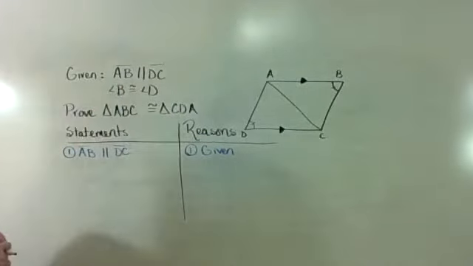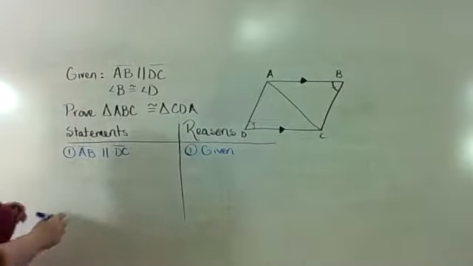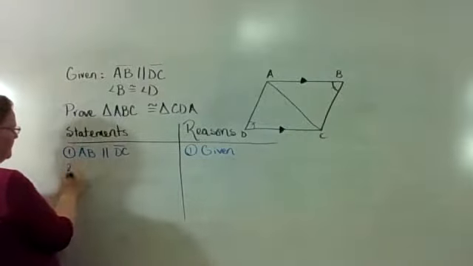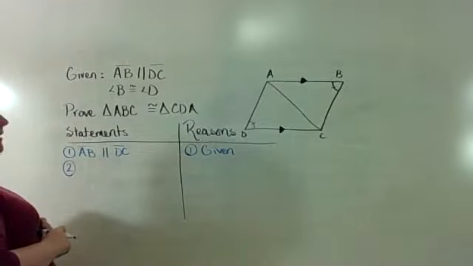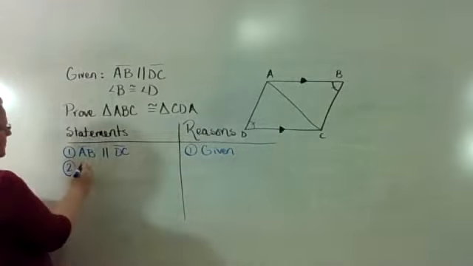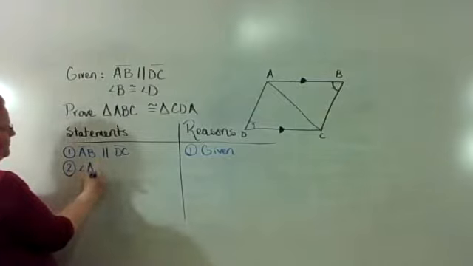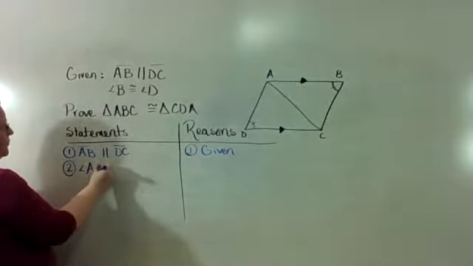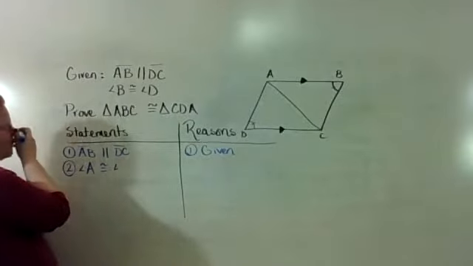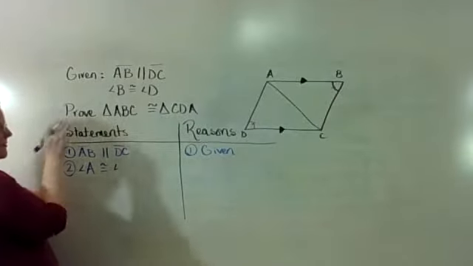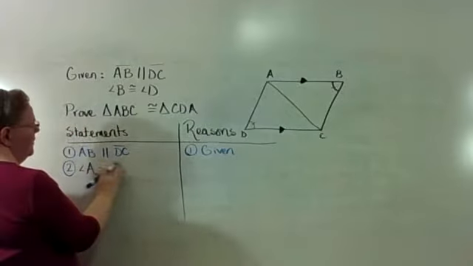And then my second statement is going to be that angle A is congruent to angle, well, I can't just call it A, can I? Because there are two angles at A. Let me back up.